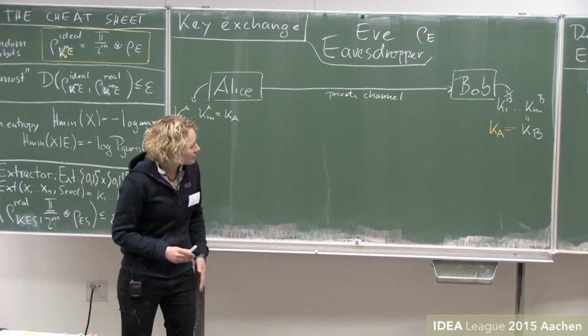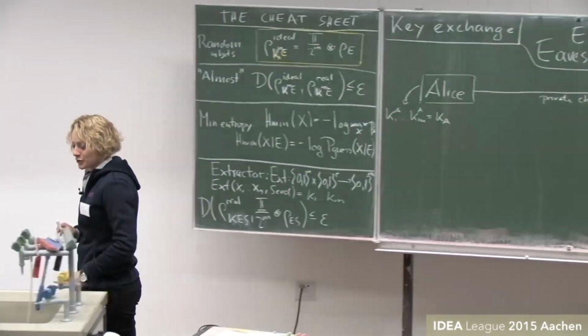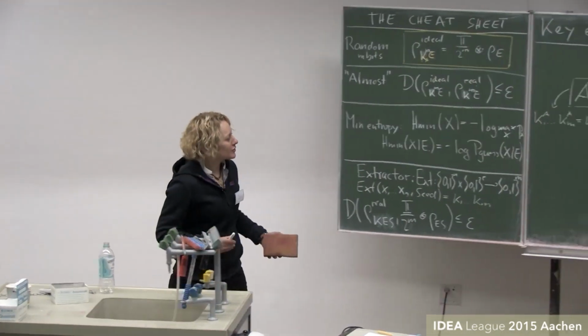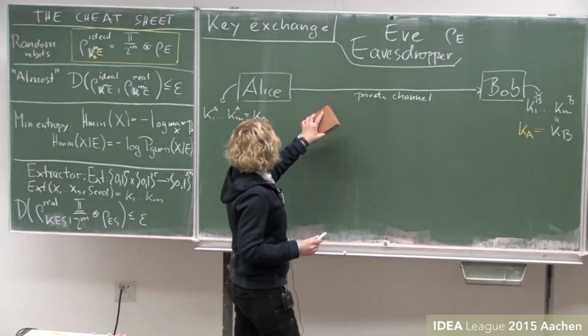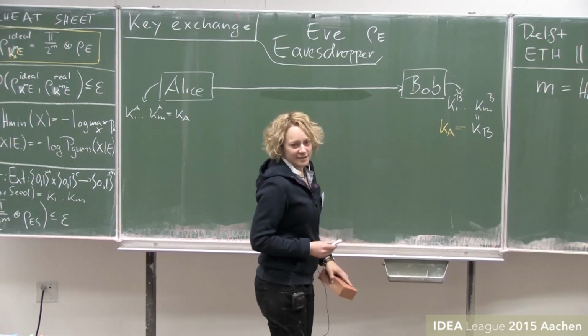So for this reason, in fact, an important resource that we're going to use today is I'm going to assume that Alice and Bob are connected by a classical authenticated channel.